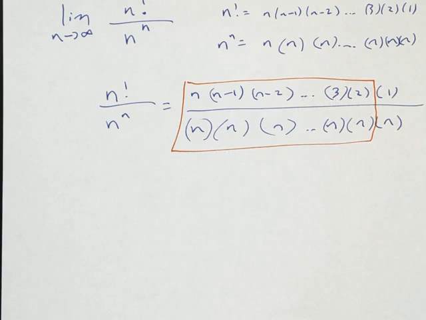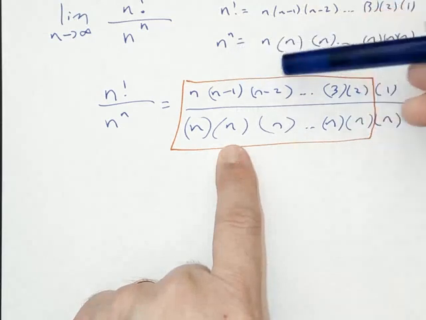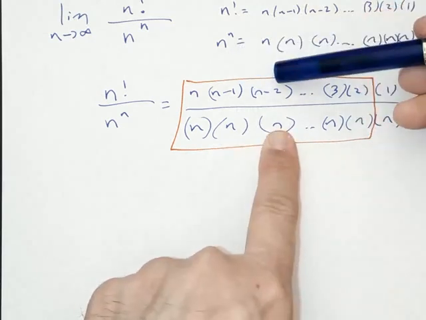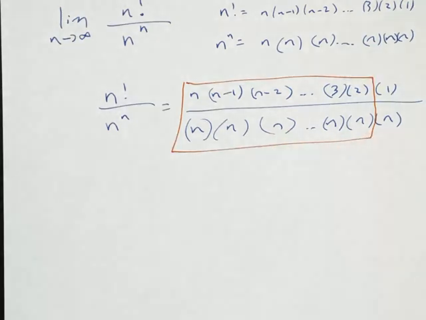Jacob, you were telling me that first n and the bottom n should cancel, right? But then look at the next two numbers. Top is smaller than the bottom. The top is smaller than the bottom. The top is smaller than the bottom. Everything inside that box, if I think of that as one big blob, that number, the top is smaller than the bottom.